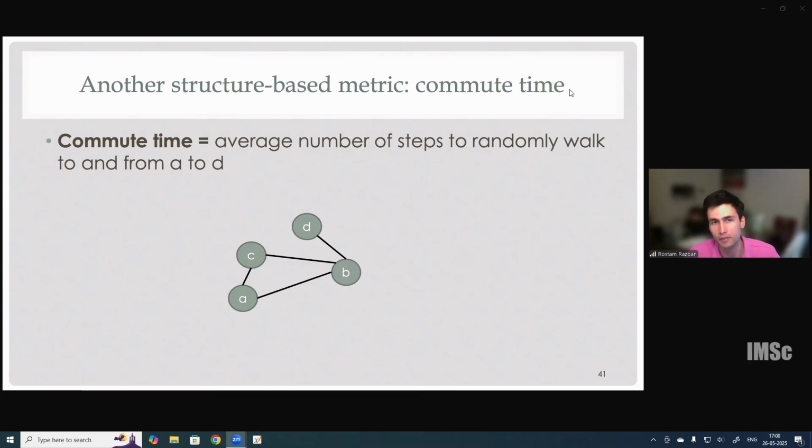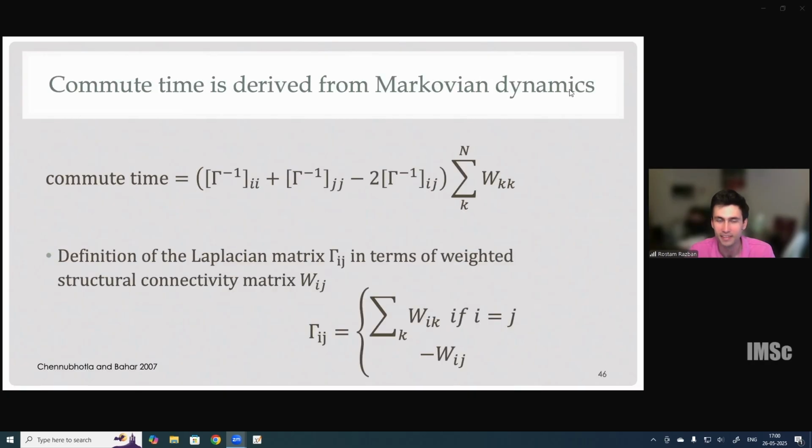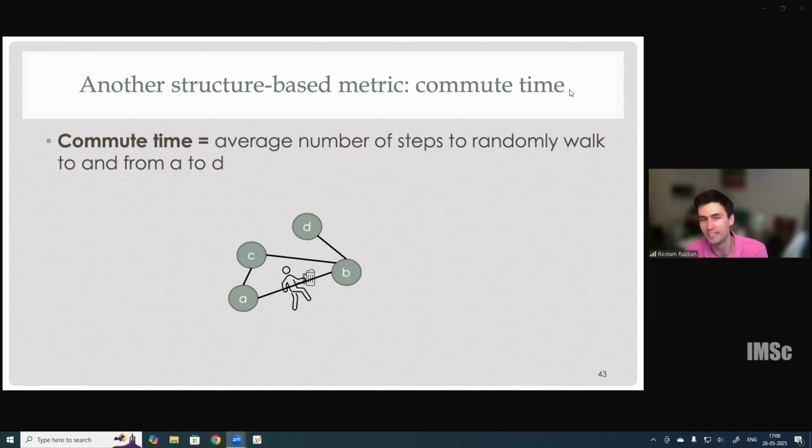And the idea of commute time is that it's capturing how many steps it takes on average for some random drunkard walk to go to and from two arbitrary nodes. So here I'm going to show the schematic for A and D. We start at A, and in this particular scenario, our drunkard did a really good job and got to D in 2 steps.